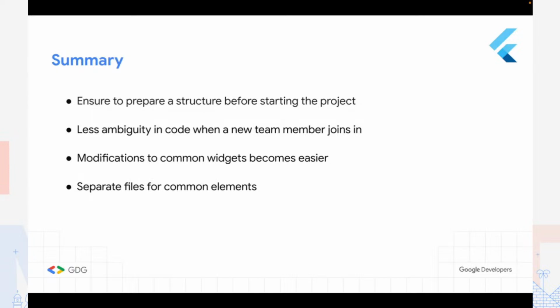Modifications to common widgets become easier again because we have an extracted widget and reused widgets. Modification is always done to the extracted widget that is only in one place, and automatically the reused widgets will have those changes. So the modification becomes a lot easier because you only modify one file.